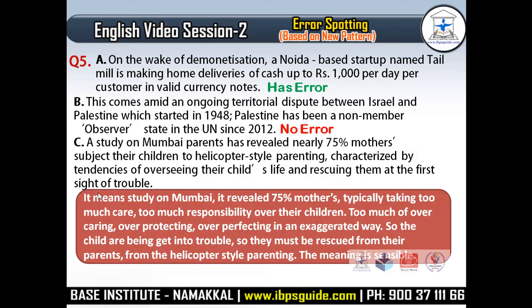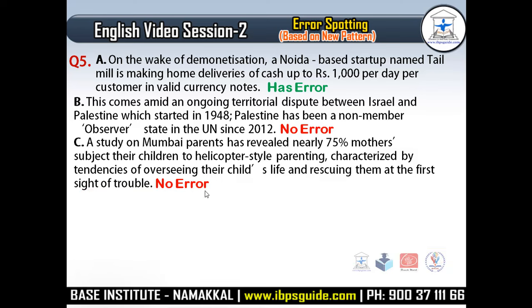It means a study on Mumbai revealed 75% mothers are typically taking too much care, too much responsibility over their children, over-caring, over-protecting in an exaggerated way. So the child gets into trouble, and must be rescued from their parents, from the helicopter style parenting. Okay. So the meaning is sensible and there is no error in it.